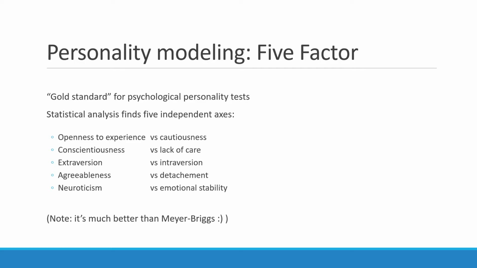Another thing that people sometimes will reference is psychology and personality models. So the biggest one is the OCEAN model, or so-called five-factor model, which is very interesting because it is empirically based and it divides personalities into clusters based on where they are on five different axes. So one axis is openness to experience versus cautiousness. Another axis is somebody being conscientious versus maybe not caring so much, extroversion versus introversion, and so on.